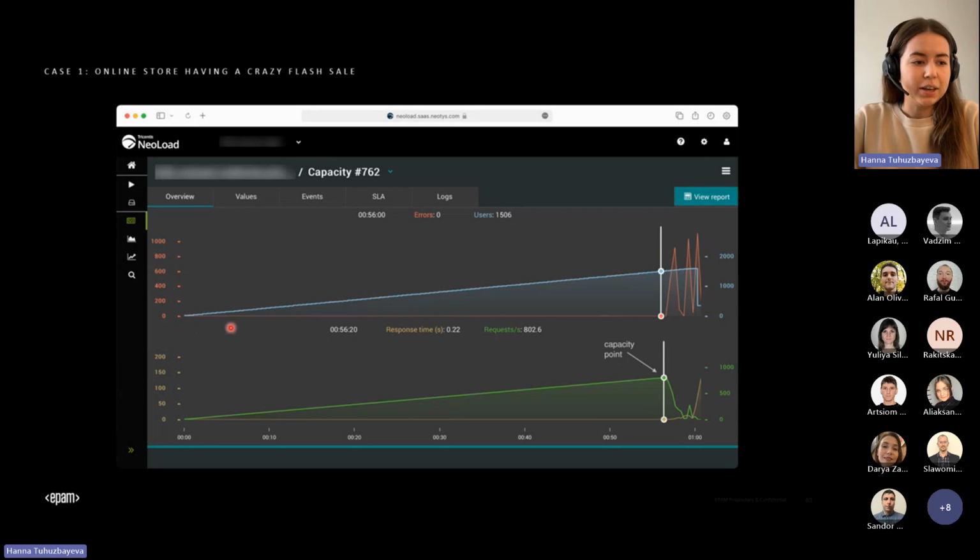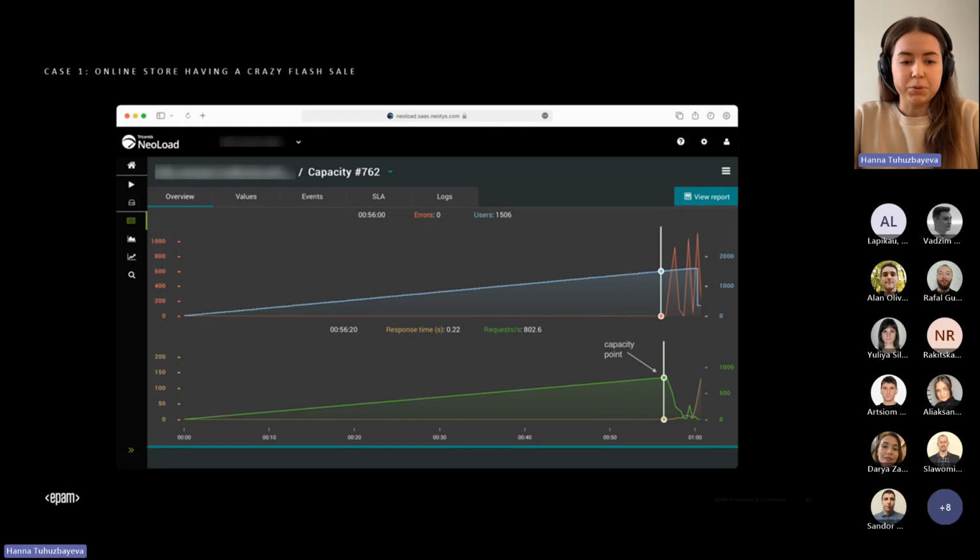We kept adding more and more users to the website until it could not handle it and things crashed. We hit a maximum of 1,500 users here, and that's when the system gave up. That's what we call a capacity point. It's like the system's breaking point, showing us the maximum it can handle.